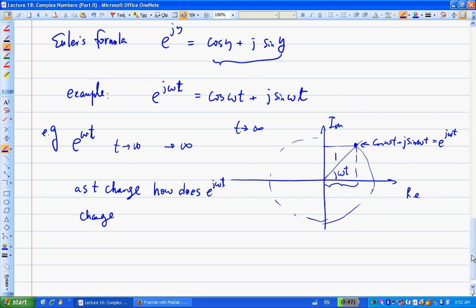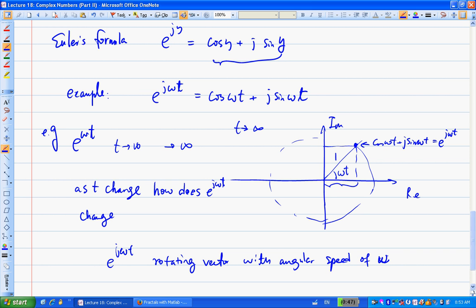You can think of this e to the j omega t as a rotating vector with angular speed of omega.